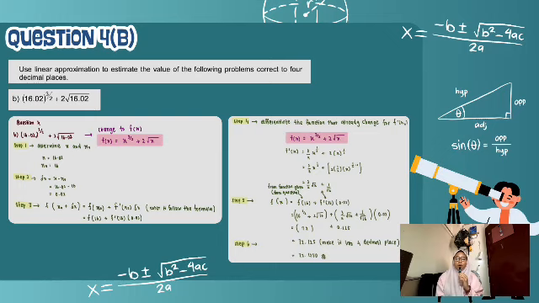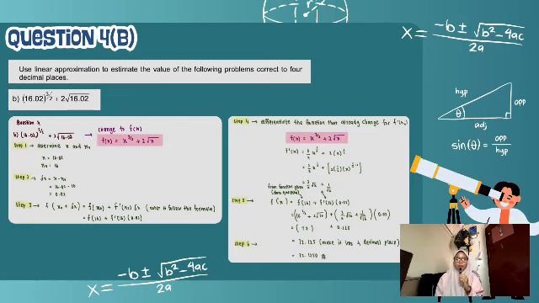Then for f(16), we can solve it, and we have 72. And for f prime of 16, we multiply with 0.02, and we got 0.125. And the answer is 72.125.